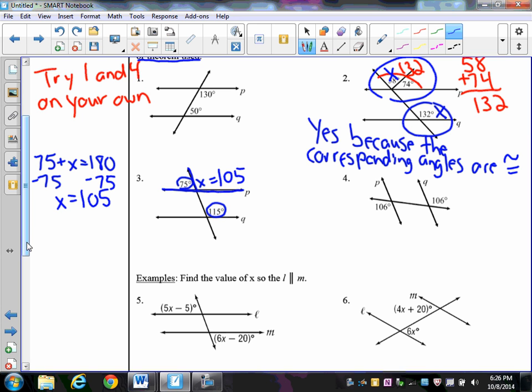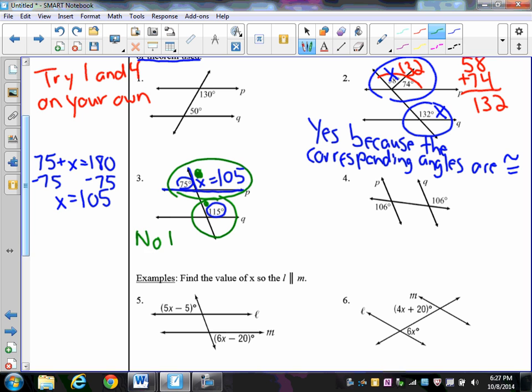So now I have both of these in the top right. They're corresponding angles. One's 105, one's 115. So are they parallel?